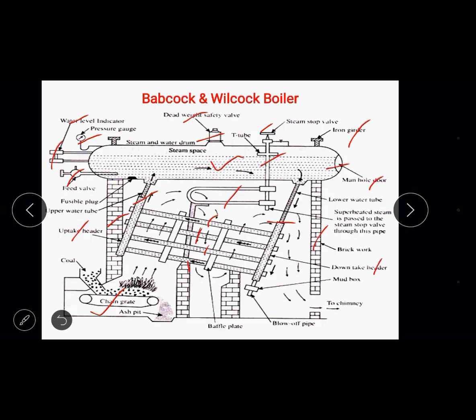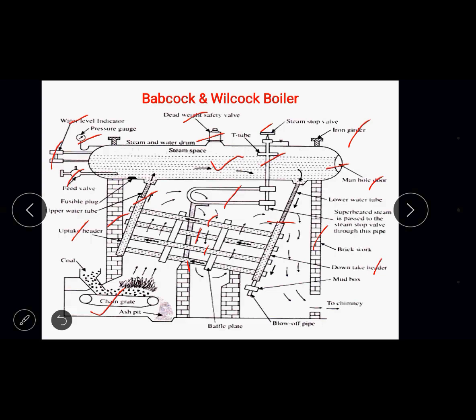A closed channel is shown with the arrow. So the water is made to flow from the boiler drum, from the downtake header, via the water tubes, and then again from the uptake header back into the boiler drum. So you find a closed circulation of water. These are the functions of water tubes connected with the uptake header and downtake header.